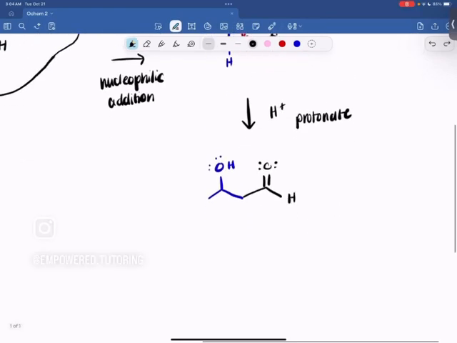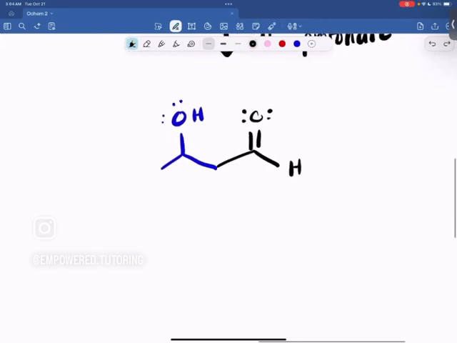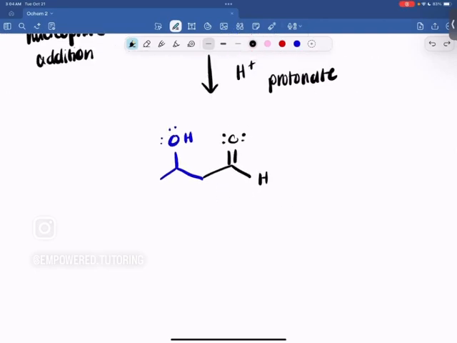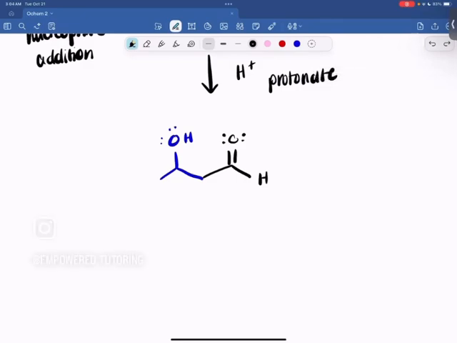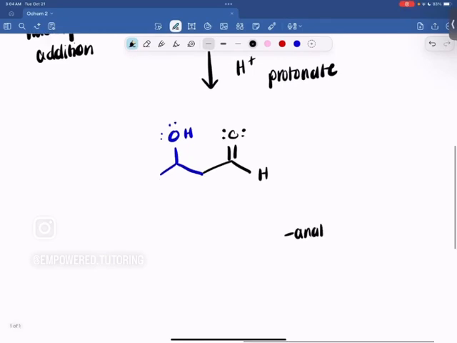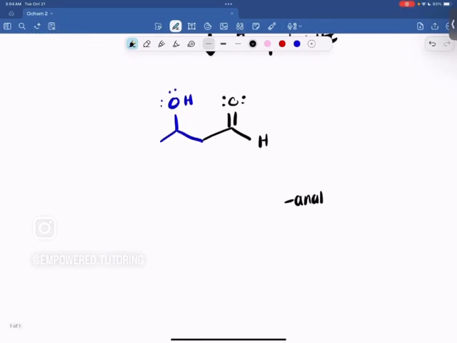Let's actually go into naming. On this structure, which group is the highest priority for naming? We can tell by the two functional groups: there's an alcohol and there's an aldehyde. Aldehydes, carbonyls in general, are higher priority than alcohol, so the name is going to end in the -al aldehyde ending.